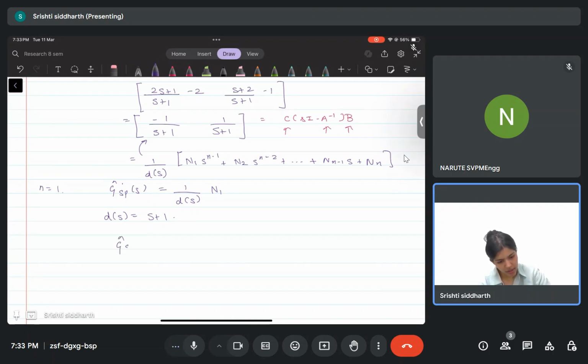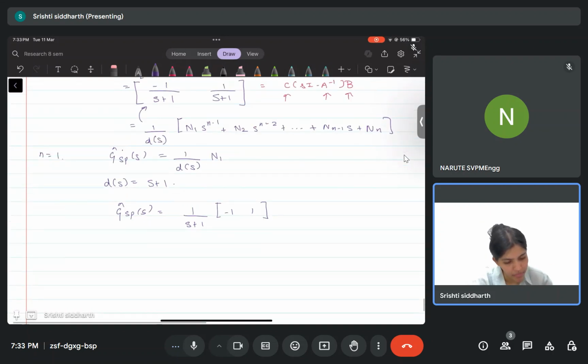So G hat SP of s can be given as 1 over d of s, which is s plus 1, and minus 1, minus 1. If this is the case, then this becomes N1.